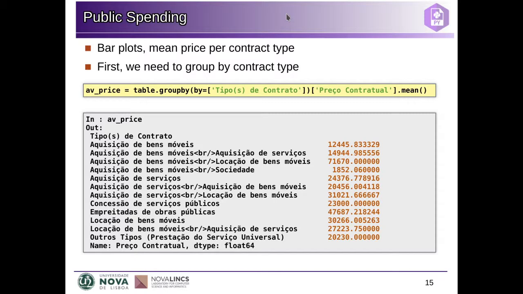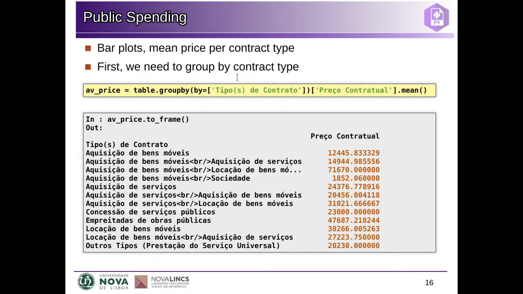We can now go one step further and convert this grouped data frame into a real data frame, so a normal data frame, and we can do that with this to_frame method. So now we have a data frame that has the types of contracts as an index, and the contractual price is the column of the data frame.